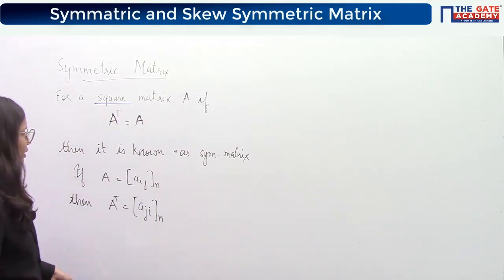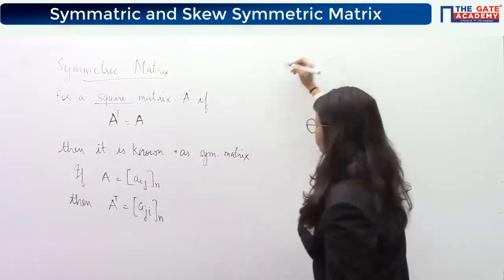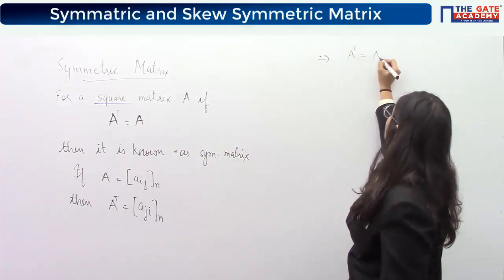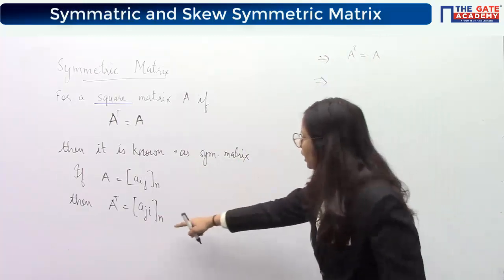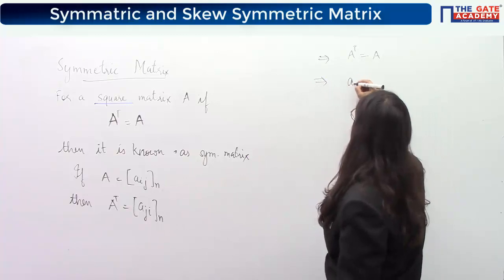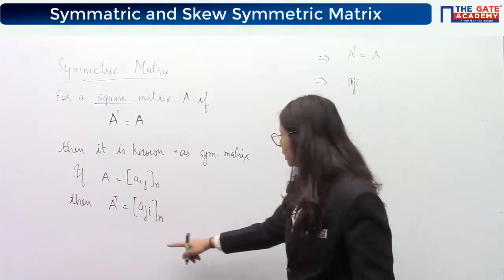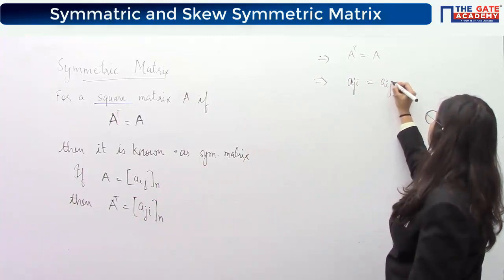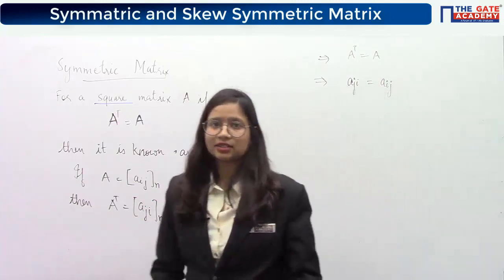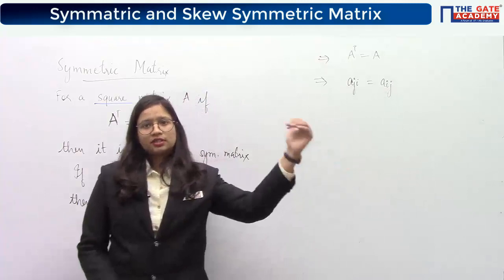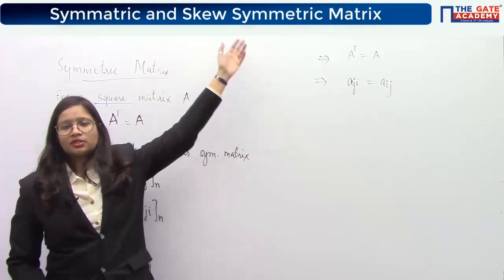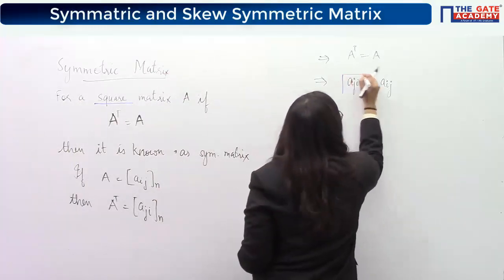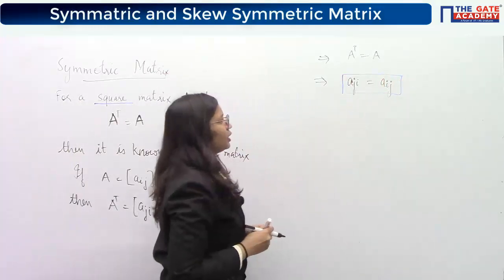Now if they are to be symmetric, then we want A transpose equal to A, which will imply that the elements A_ji, the elements of A transpose, should be equal to A_ij. Did you understand what I said? Because this is a symmetric matrix, A transpose is equal to A, and for that to hold true, A_ji should be equal to A_ij.